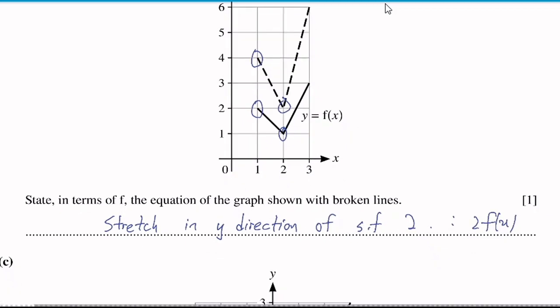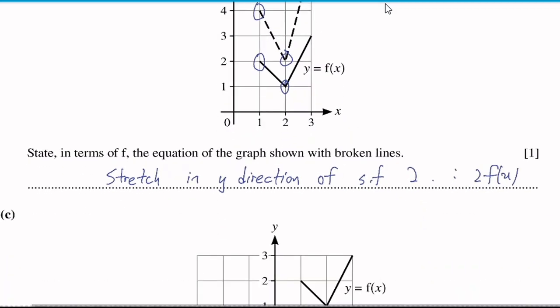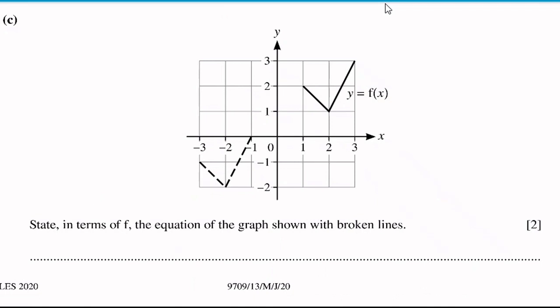Right. So for part C here, it's a bit of a thing that we need to do. Basically, it is to go from the solid line to the dotted line. Shape is unchanged. If shape is unchanged, it means there is no stretching involved, and the position change means there is a translation.